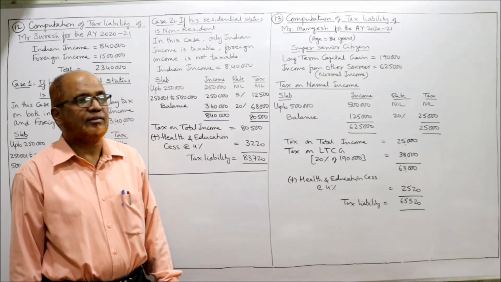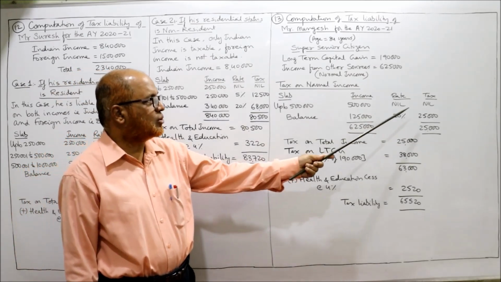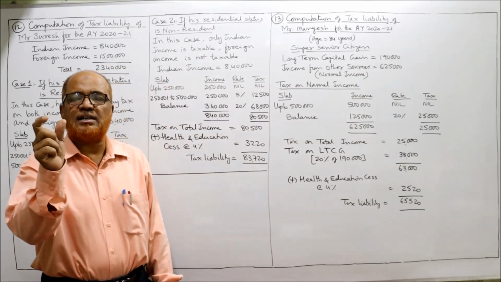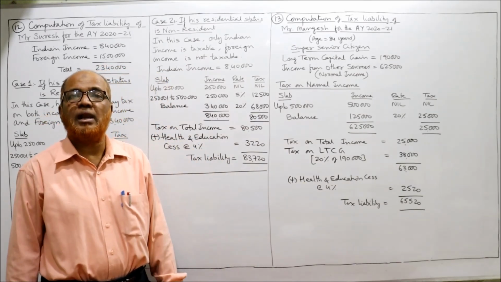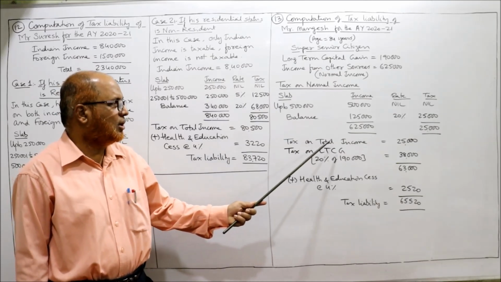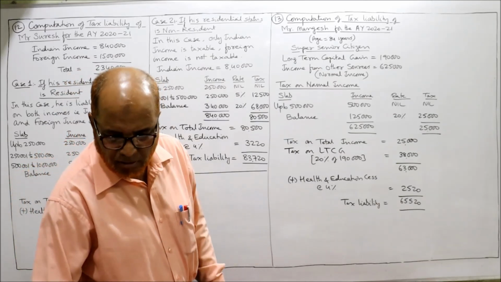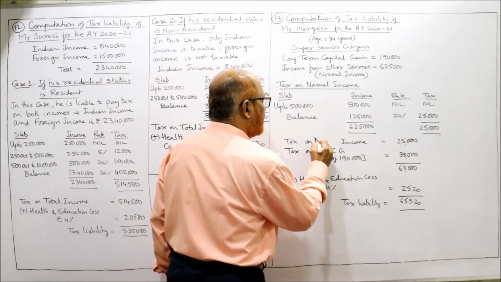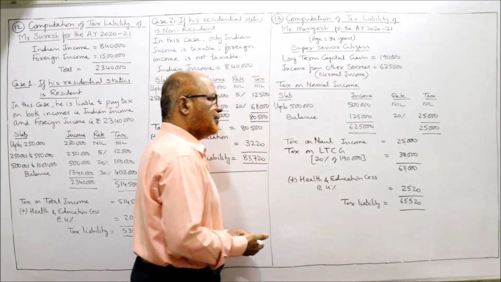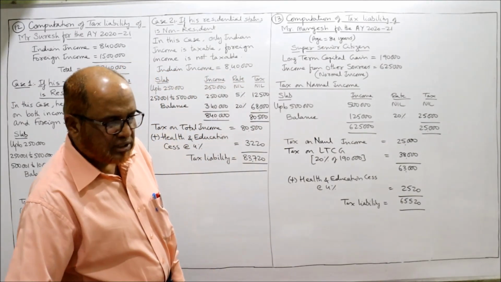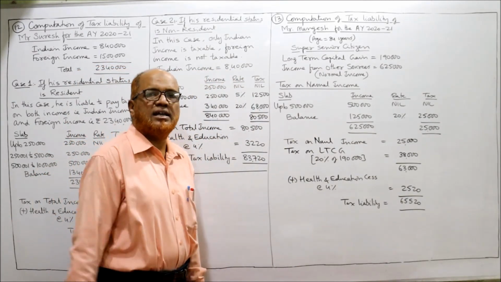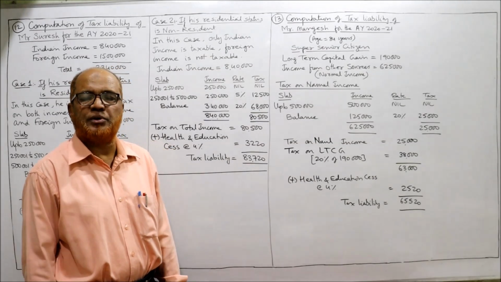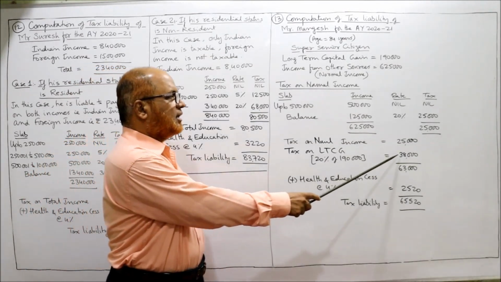So multiply 1 lakh 25,000 into 20%, 25,000 is the tax. This 25,000 rupees is the tax on normal income, not total income. I'll write down here, tax on normal income is 25,000. To this we add tax on LTCG, long-term capital gain, flat rate 20%. 20% of 1,90,000, 38,000.